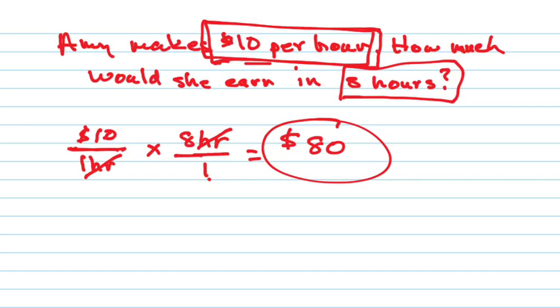Yes? When you wrote $10 over an hour, times the 8 hours on the bottom, and then $80 on the top, and wrote equals 80. Well, all I did was multiply straight across. Wouldn't the 8 hours be on the bottom of the line?